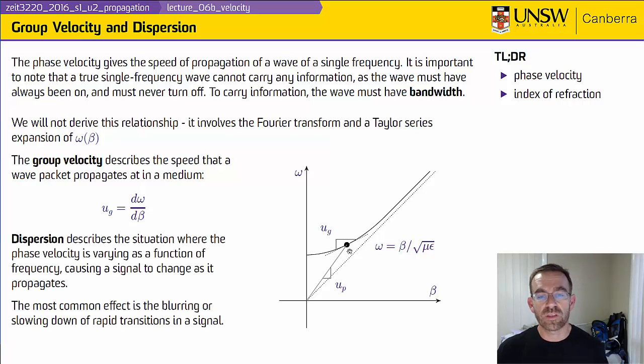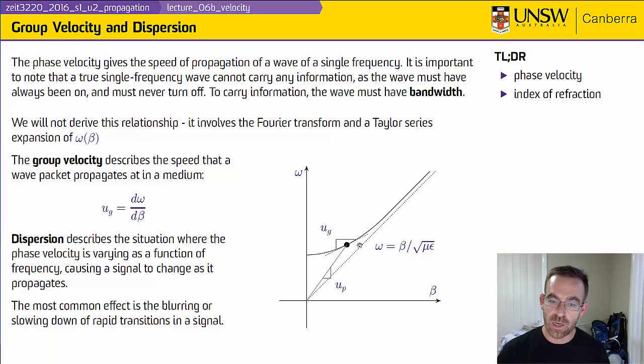For any given point on this dispersion diagram, I can define the phase velocity as the slope of this line. It's omega over beta. Omega is the rise, beta is the run, and that gives me the phase velocity. And I can define the group velocity as the slope of the curve.